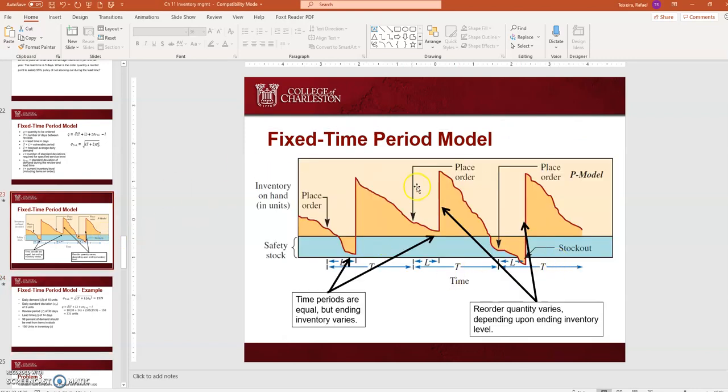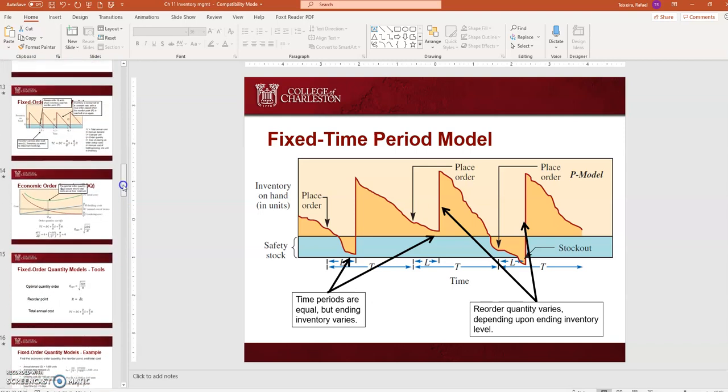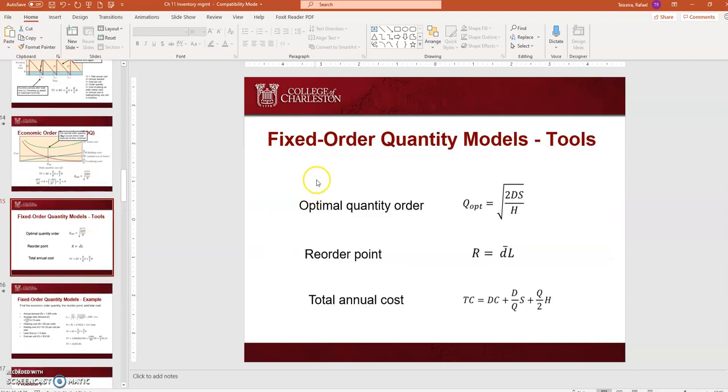So just to finish, in the fixed time period model, the time is fixed, but the quantity varies. To compare with the other model, let me show you the fixed order quantity model.